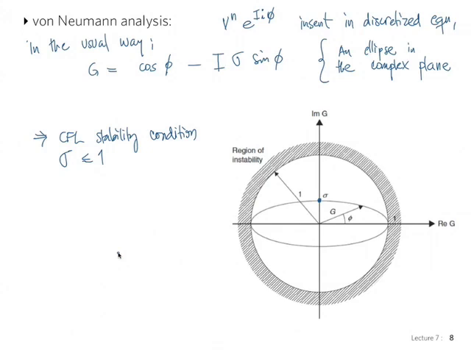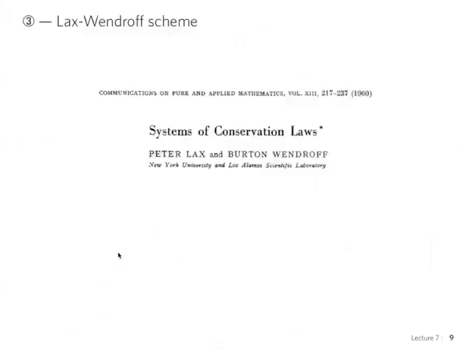Okay. Number 3 is called the Lax-Wendroff. And again, here's the paper where this is introduced, 1960. You notice that by doing the little trick that we introduced with the Lax-Friedrichs scheme, you were able to stabilize a previously unstable method, but introducing an error of order delta x.